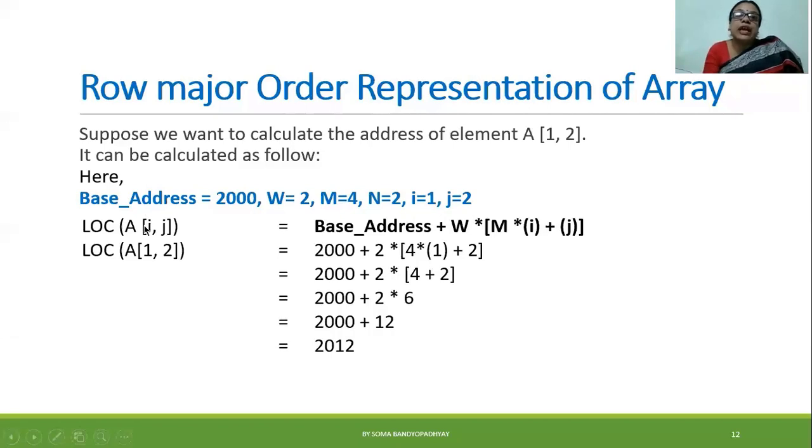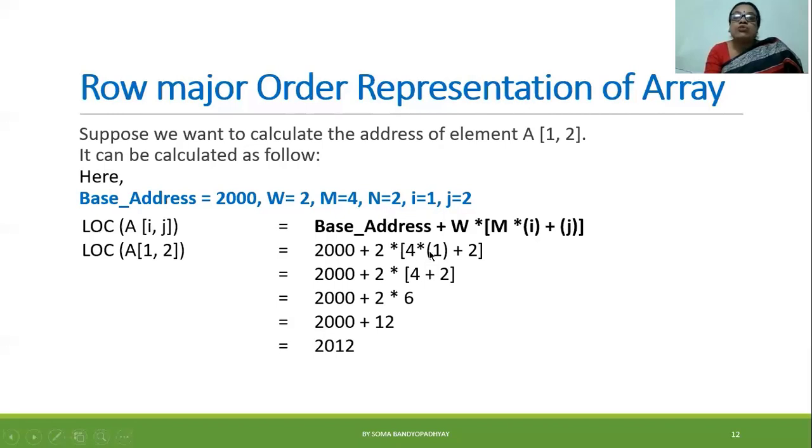Then the location of Aij, that means location 1, 2, will be calculated like this: base address 2000. Then in place of W we can put 2. Then M equal to 4. That means the number of columns is 4. In this case, we have considered a 2 cross 4 matrix. The number of rows in my example is 2 and the number of columns is 4. So here M equal to 4.